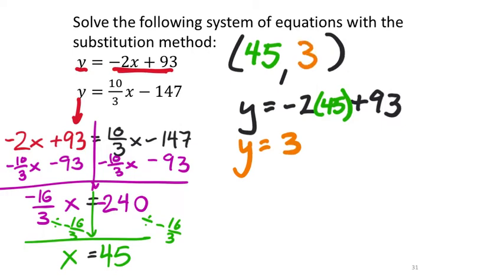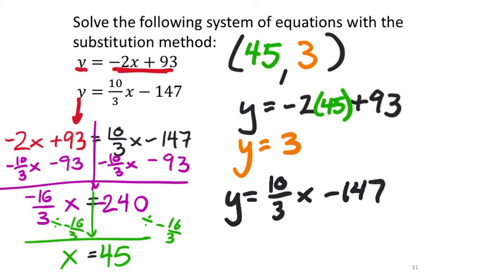We pretty much already checked the top one. Negative 2 times 45 plus 93 is positive 3. But how about the other one? Well, that would have been y equals 10/3 x minus 147. Now, if we've done this correctly, we should get a true statement if we replace the x with 45 and also the y with the y value that we've already found, which was 3.